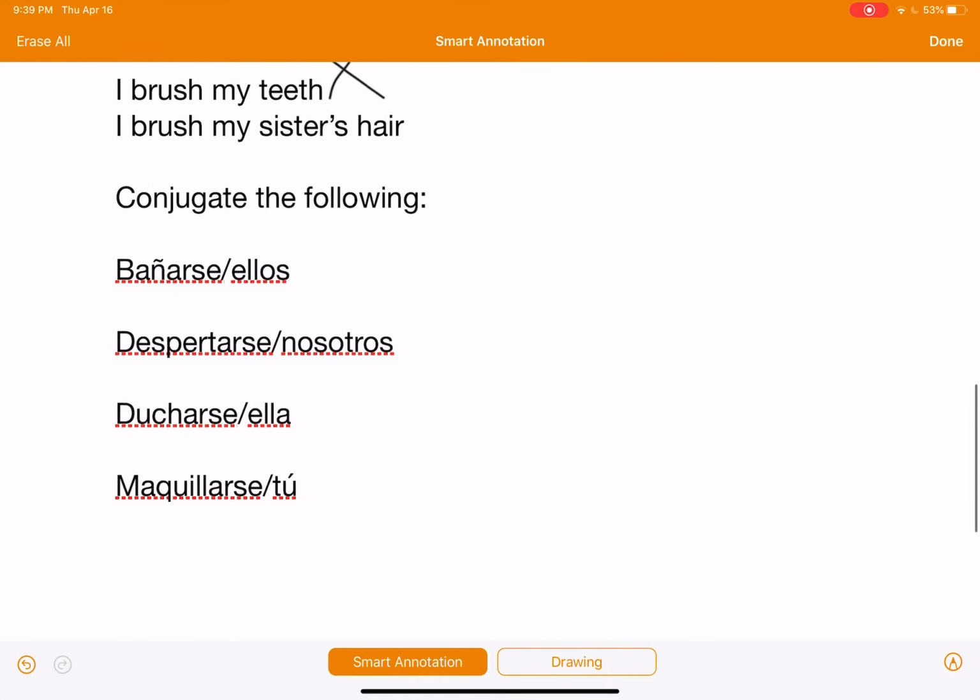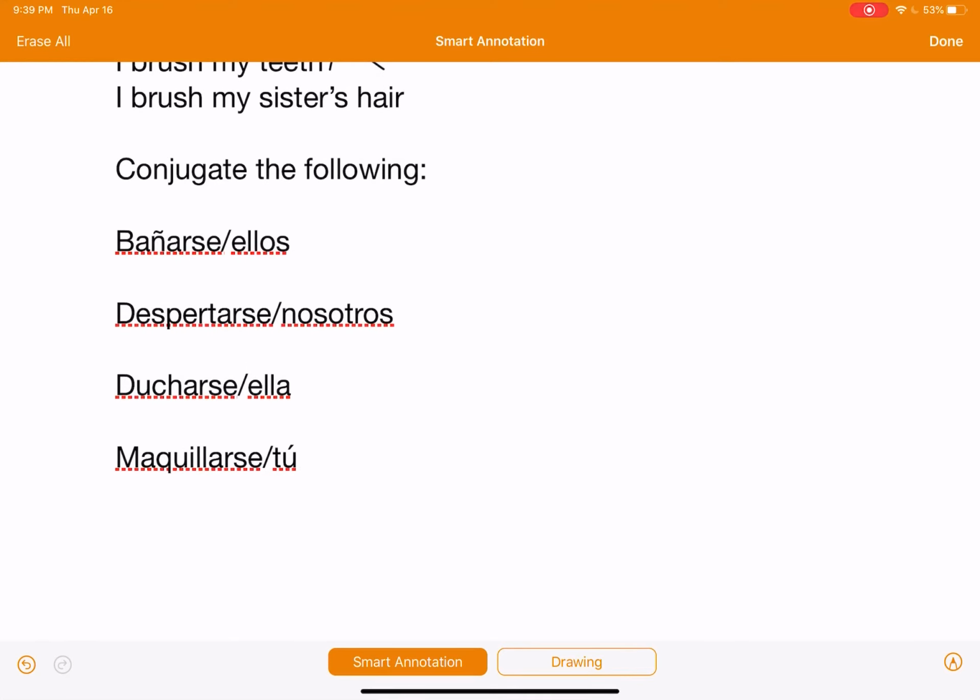So let's see if you can conjugate these verbs here. Make sure that you include the subject pronoun with it. Go ahead and pause the video, try to conjugate these, and once you're done, play the video and I'll have the answers for you. So for bañarse, we're talking about ellos.